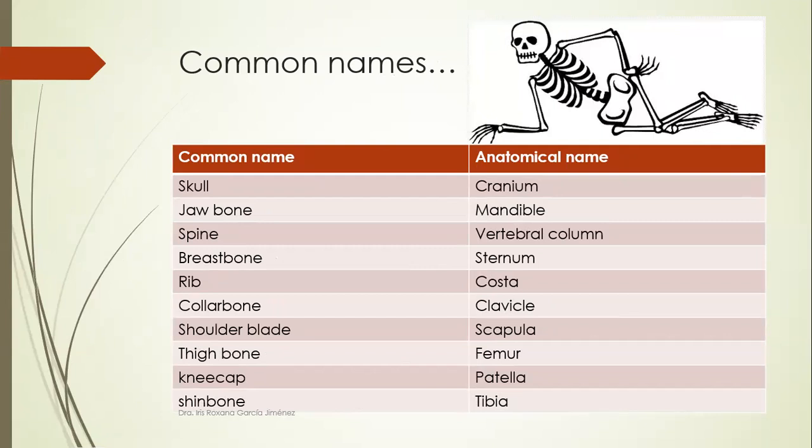For example, common name of a skull, we know that it's cranium; jawbone, mandible; spine, vertebral column; breastbone, sternum; rib, costa; collarbone, clavicle; shoulder blade, scapula; thigh bone, femur; kneecap, patella; shin bone, tibia, right?